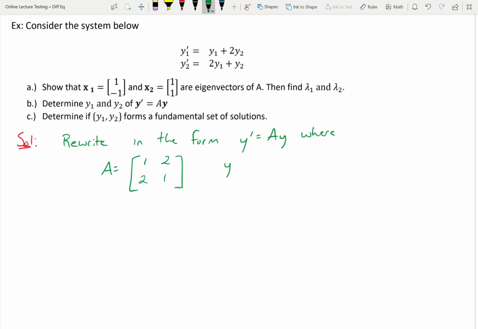And then y(t), this one's very straightforward, is just the vector (y1, y2).